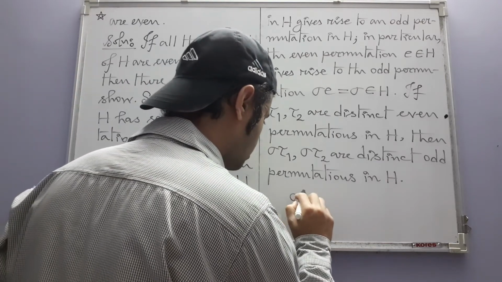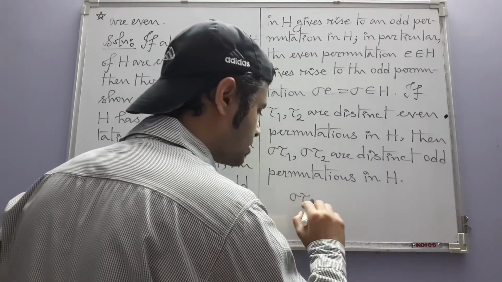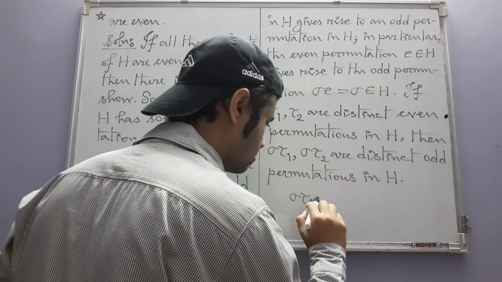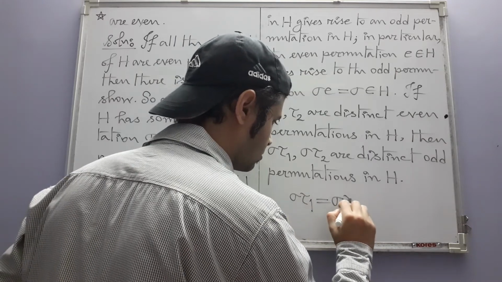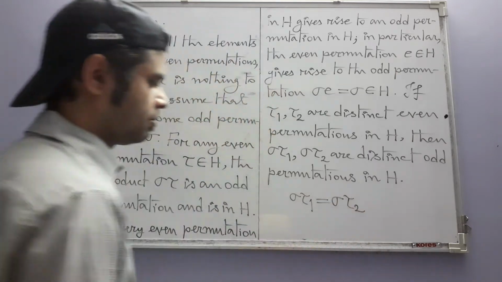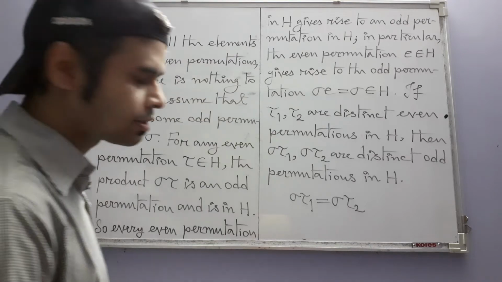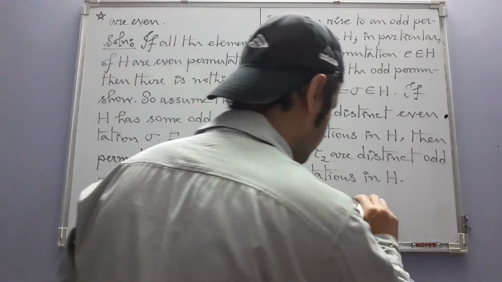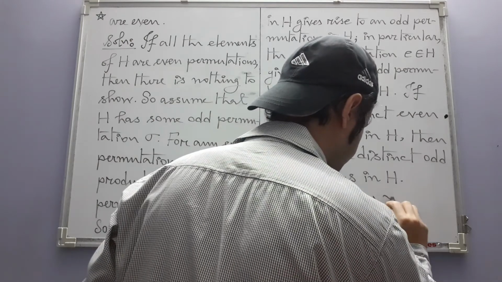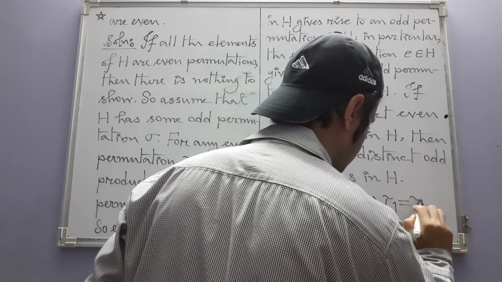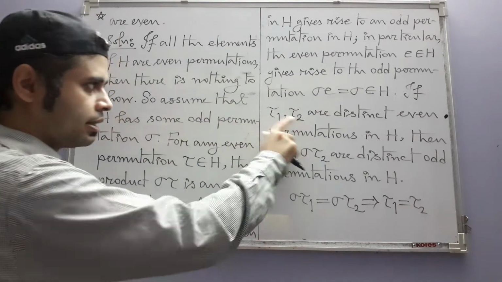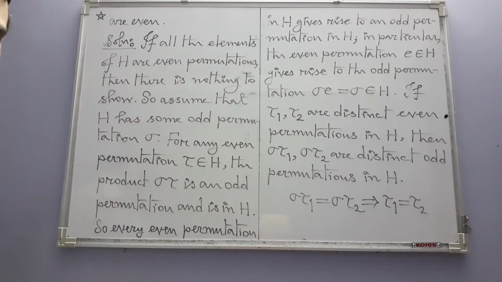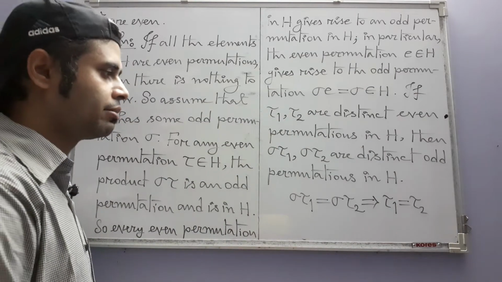Because if you suppose that they are not distinct, then you use the left cancellation law in the group, because after all we are in the group Sn, right? So this will imply tau 1 equal to tau 2, contradicting their distinctness. We have chosen them to be distinct even permutations.